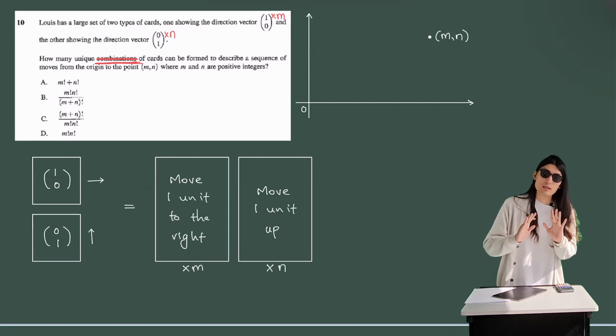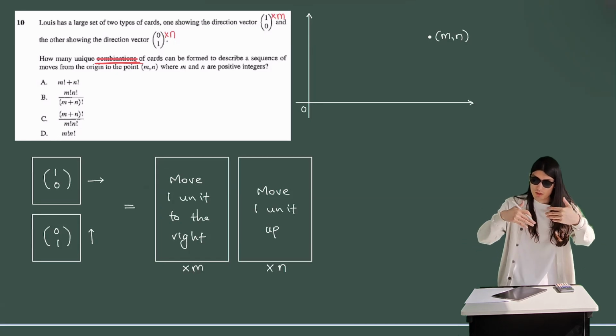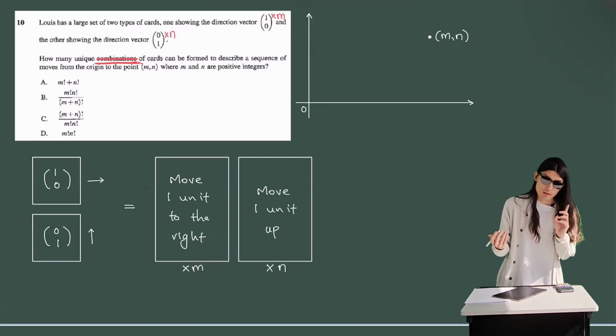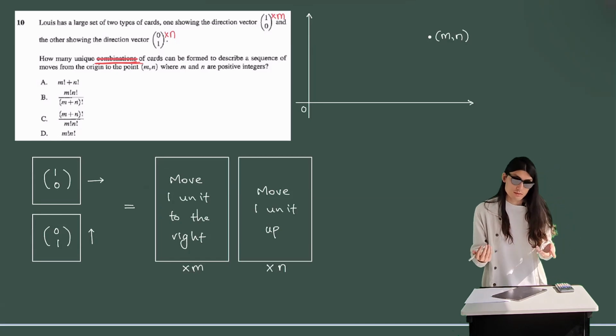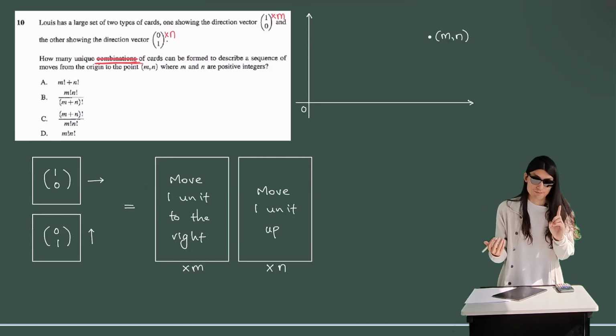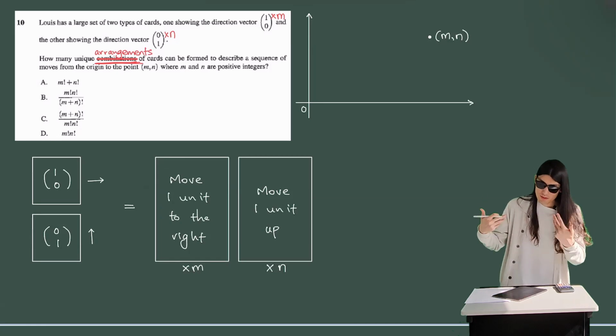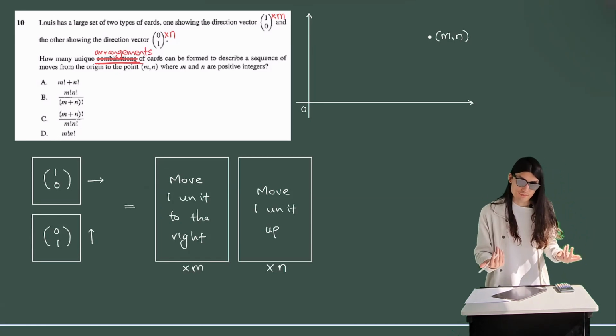Regardless of order, how many of each card, that's combination, correct? And if that's what they meant, there's only one. But is that what they meant? No, not really. So the question had an error. What did the question mean then? The question actually meant arrangements. That's what they really wanted to say, okay?